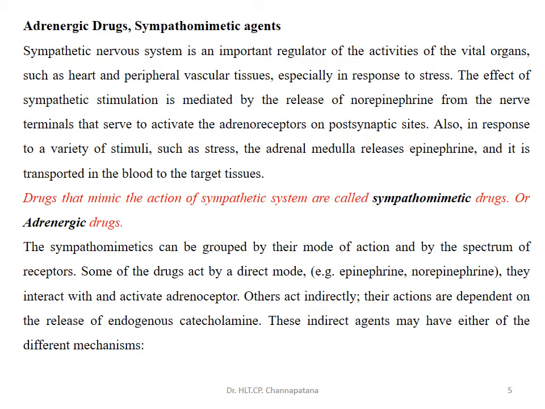Some are indirectly acting, meaning they stimulate and cause the release of norepinephrine. They won't bind directly, but they stimulate the release of the neurotransmitter, which then binds. The third one is the mixed mechanism, meaning they can show their effect directly or indirectly. They can bind directly to the receptor or they may cause the release of norepinephrine to show the pharmacological action.